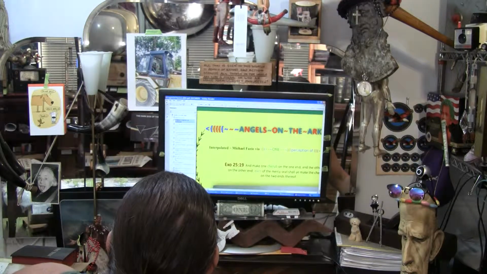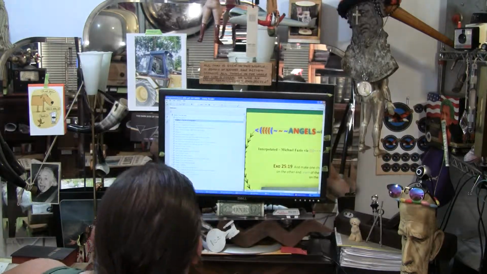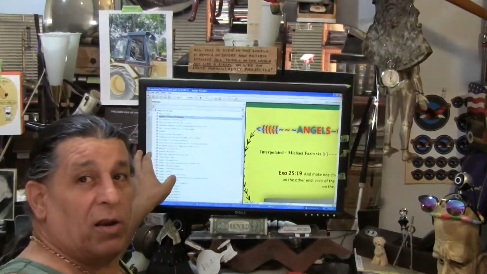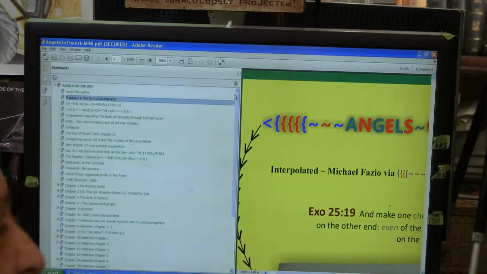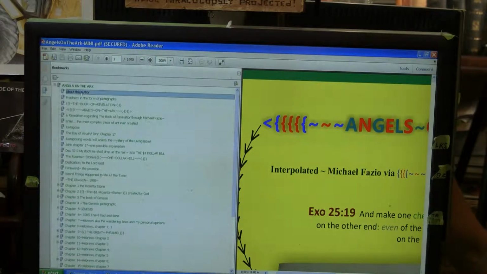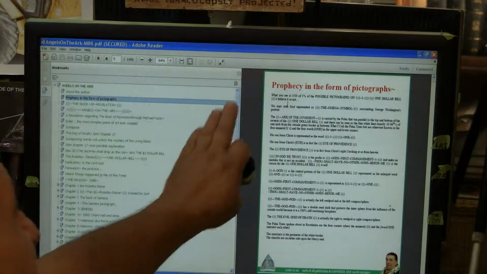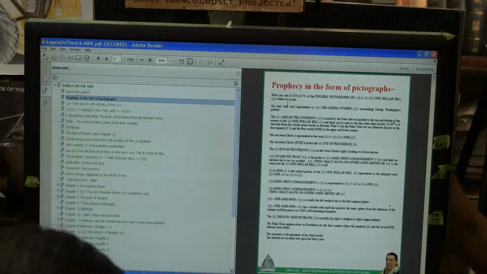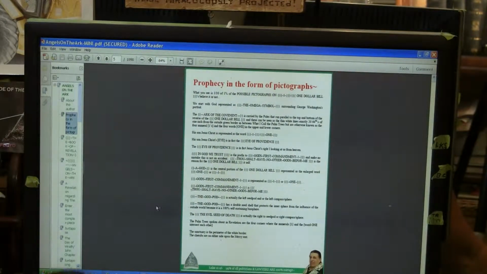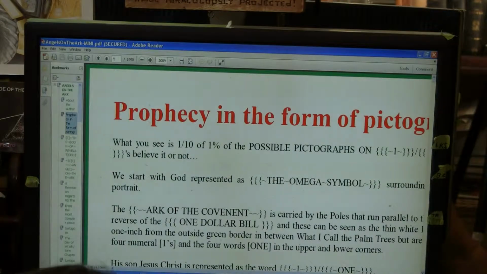This is the book, and then this is the index on the left-hand side of the book. As you can see, you can expand the index, or make it half, so you can go through the different chapters. The chapter that we are going to go over today is Prophecy in the Form of Pictographs. Now that's too small for me to read, so let's minimize the index and bring it up to 200%.